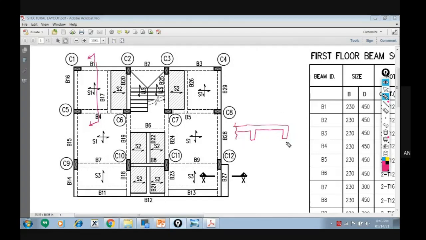So this is my B1. This is my B4, right? Now I am looking from this side. When I look, this line is clearly visible, so it is a thick line. Is this point visible from the top? No, sir. Therefore I have drawn it dotted. Now here you can go for B4. Can I see these two lines, these points, from above? No. So both are dotted. So try to understand these minute details in the drawings.